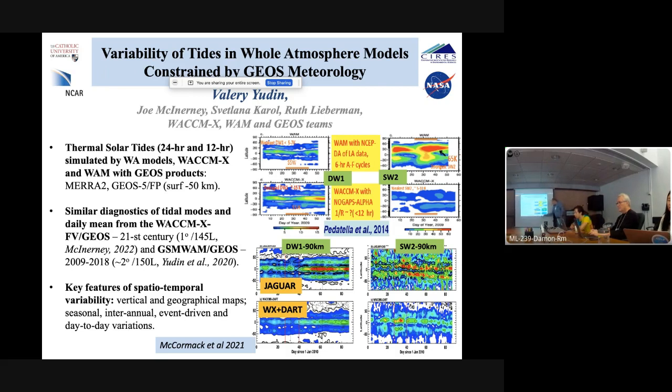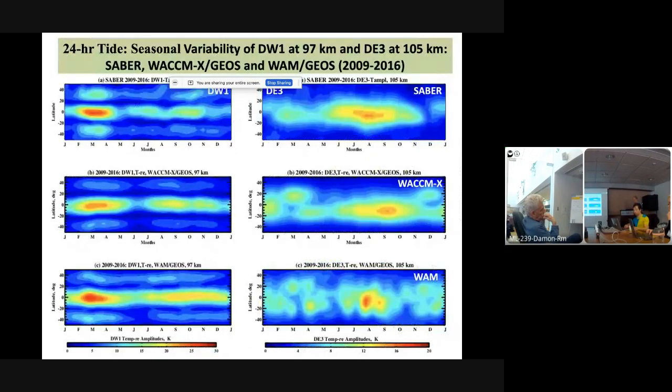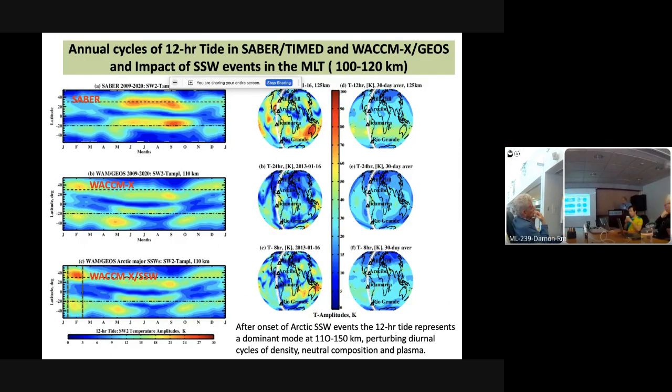These are days from January 1st until March, and you can see that WACCM-X plus DART and the Japanese reanalysis simulate similar microwave limb sounding data, but we still have different answers, even though these models were constrained by MLS and SABER temperatures. That's why we would like to understand why we are different and how closely we can currently represent this.